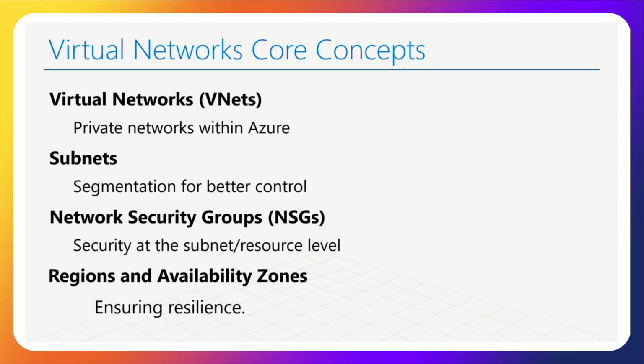That could be a physical network. And within a virtual network we have segments, which is just a piece of your virtual network. We also have security groups, which you can apply rules for allowing traffic in and out of a subnet or a network interface card.